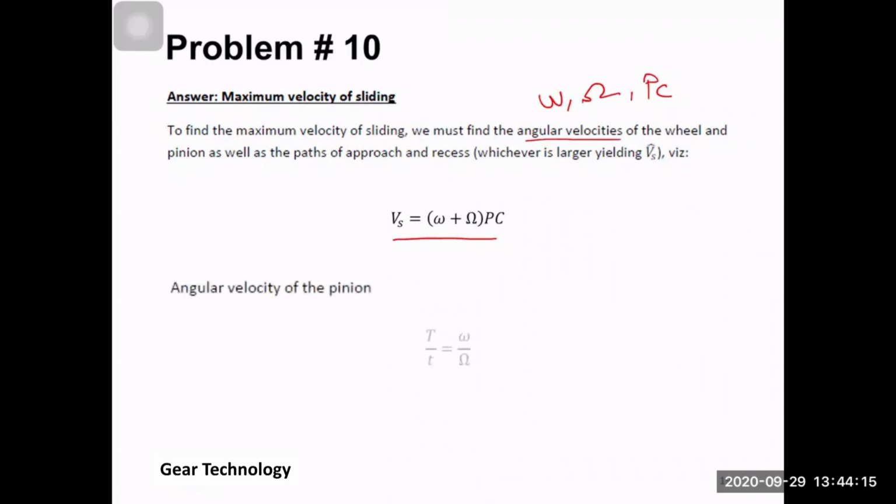The velocity of the pinion can be found using this gear ratio equation. Capital T is given, small t is given, and capital omega is given, so we can find the rotational velocity of the pinion, which is 2,500 RPM.